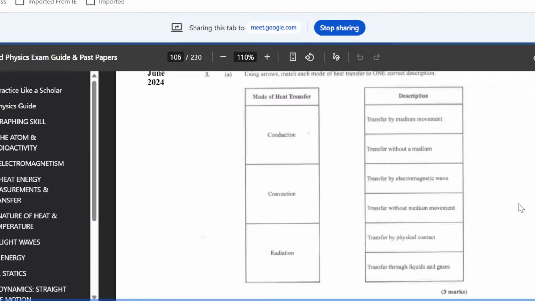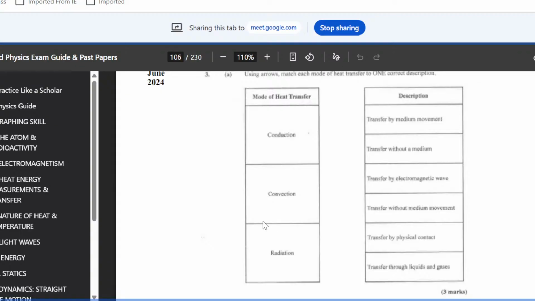Yeah, that would be conduction. And the transfer by medium movement, what else? Yeah, exactly, would be convection.